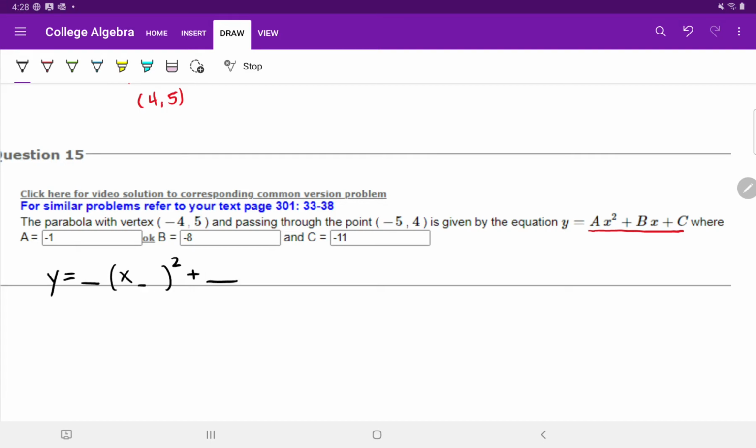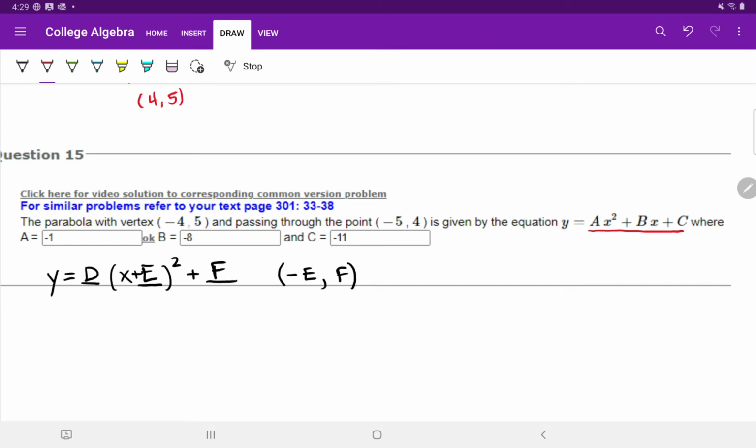plus blank. Okay, so I'm struggling here to write this out with blanks because they gave us capital A, capital B, capital C here, which is typically the variables we would use in standard form, but since they used A, B, and C already, I'm going to have to use, how about D, E, and F. So given the new form I just wrote out with these variables, our vertex should be (negative e, f).